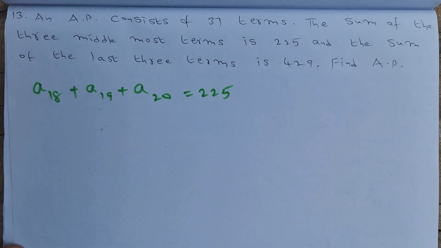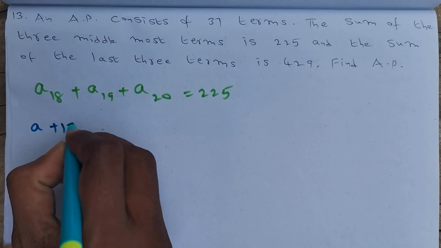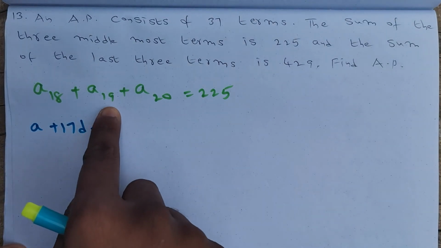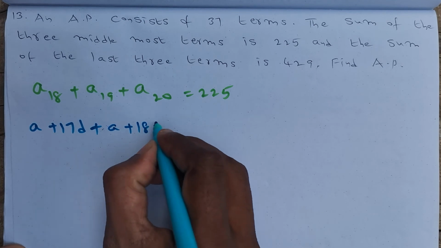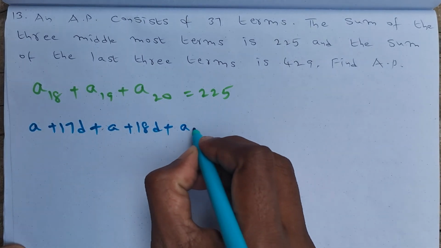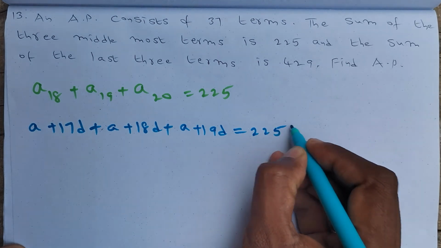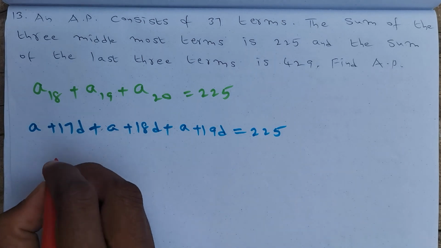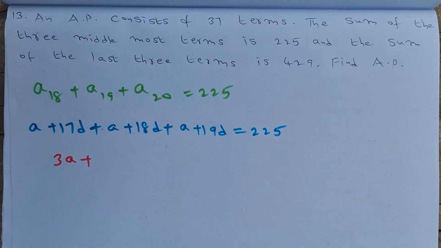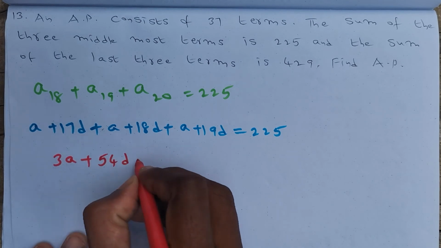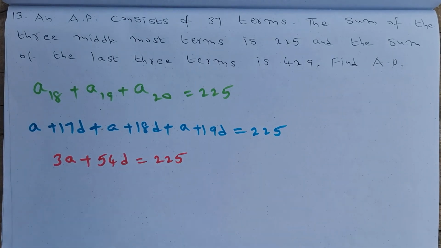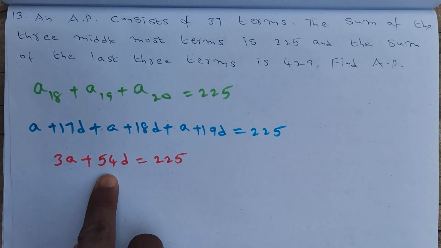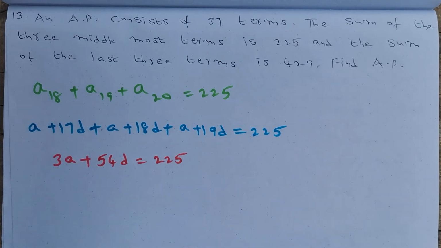A18, 18th term A plus 17D, plus 19th term A plus 18D, plus 20th term A plus 19D is equals to 225. A plus A plus A, 3A, plus 17D plus 18D plus 19D, 54D is equals to 225. 3 will come in 3 table, 54 will come in 3 table, 225 also will come in 3 table.